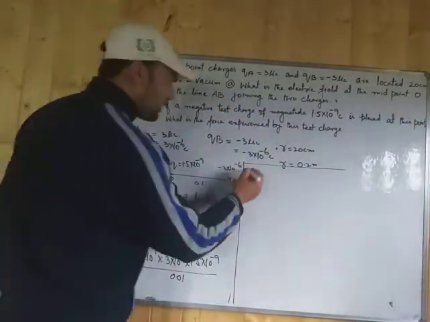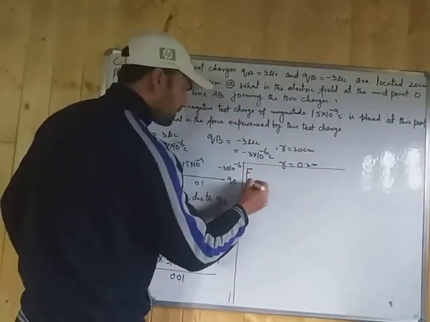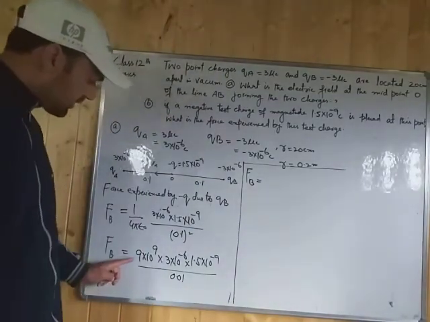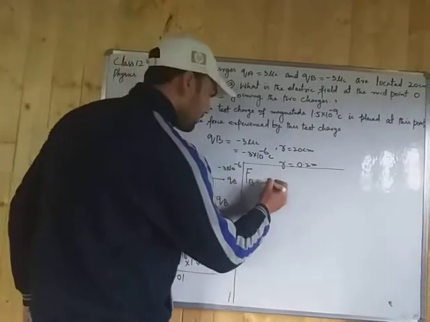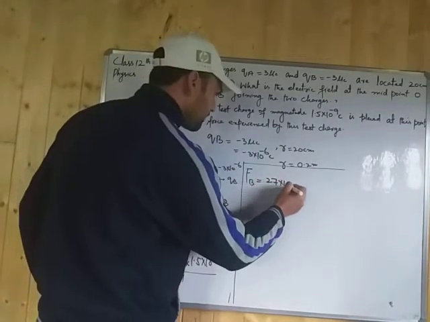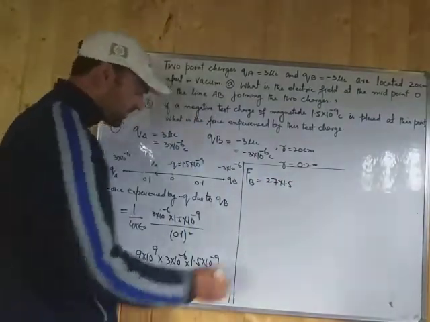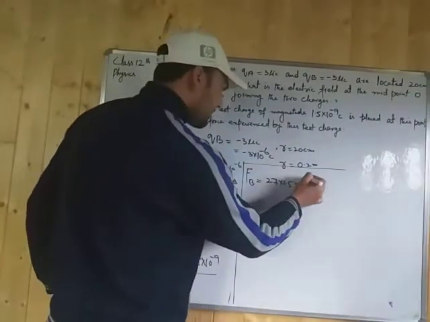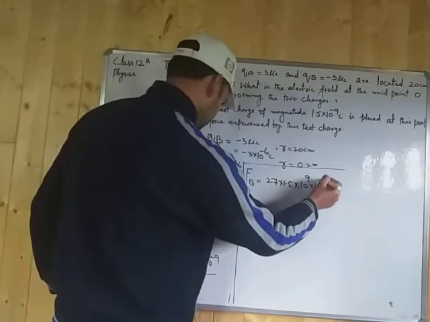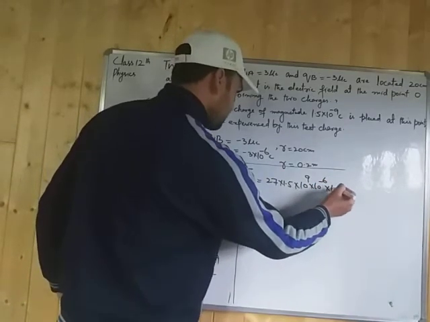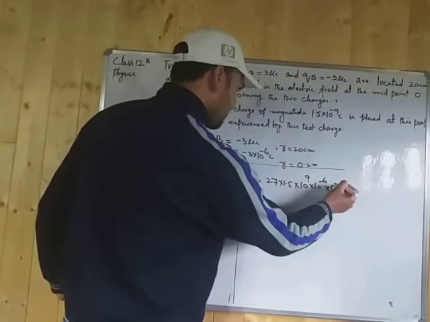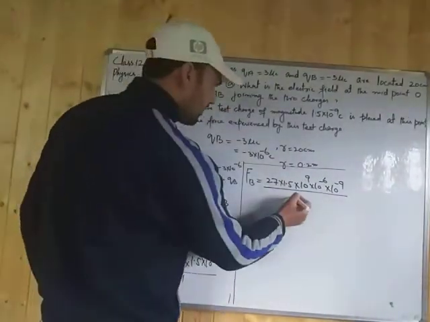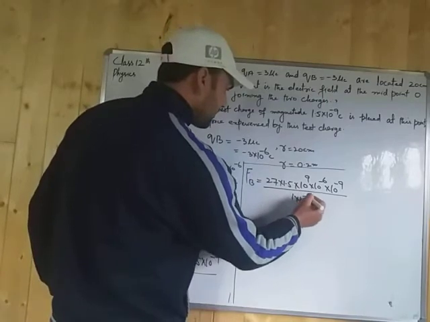So FB is equal to 27 into 1.5 into 10 raised to power 9 into 10 raised to power minus 6 into 10 raised to power minus 9, divided by 1 into 10 raised to power minus 2.